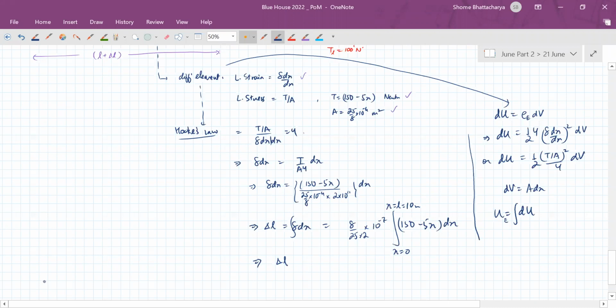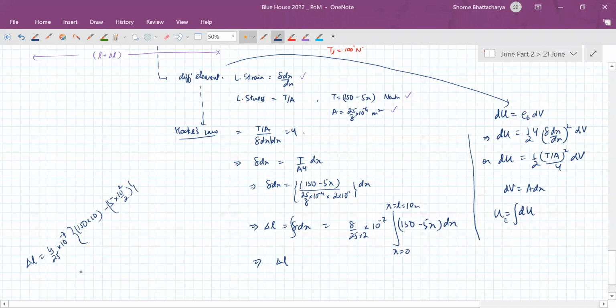So as you can see, this will give us delta L equal to 4 by 25 into 10 raised power minus 7 into the integral of 150 minus 5x from 0 to L. So that is 150 into 10 minus 5 into 10 square by 2.